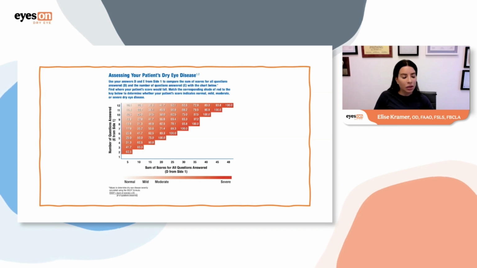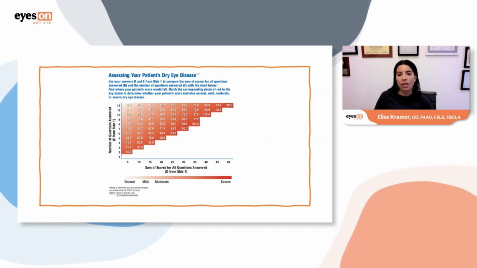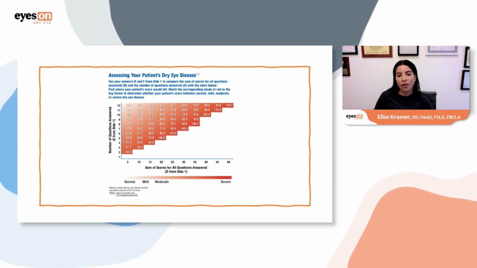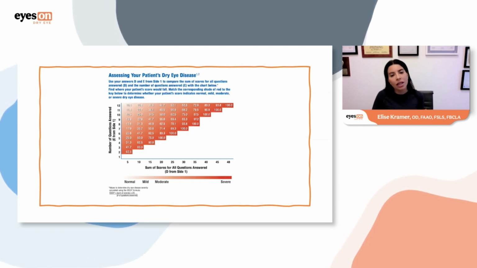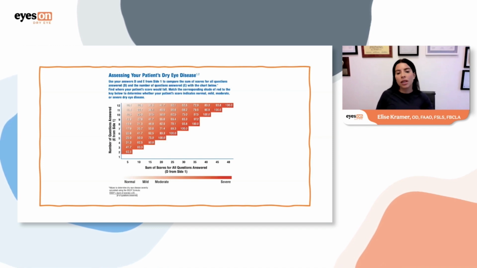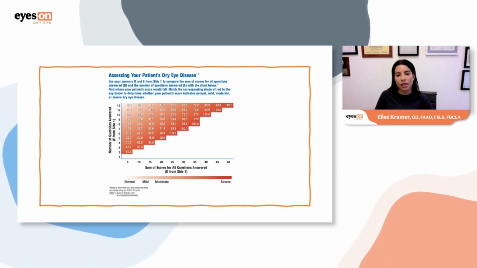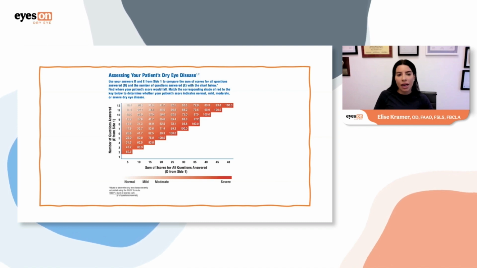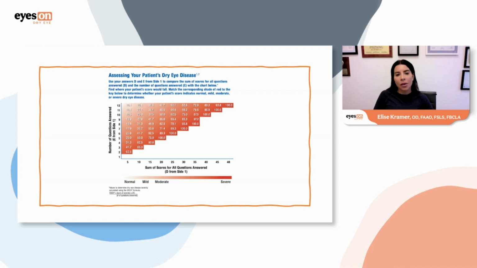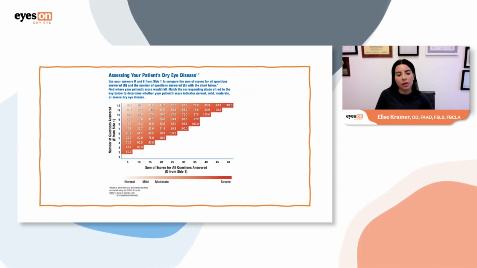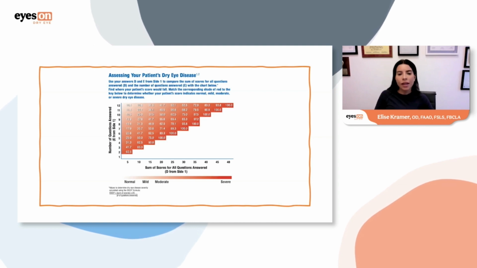And then using this questionnaire, you can actually grade their dry eye based on their subjective answers. And then if you initiate a treatment, you can redo this questionnaire and see if there is any improvement in quality of life. And that allows you to monitor how your treatment is working, maybe not clinically, and not in terms of signs, but in terms of symptoms of the patient. And so that can be significant.